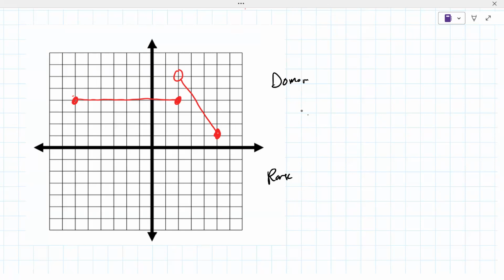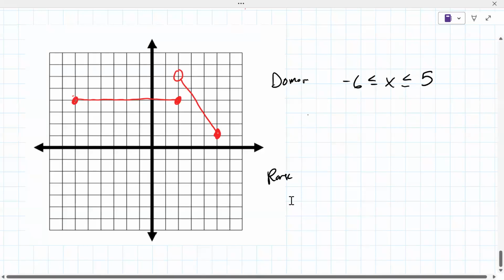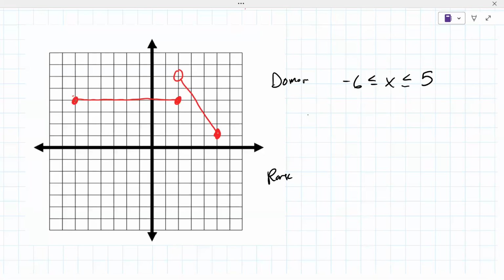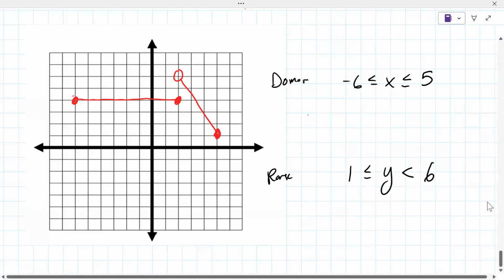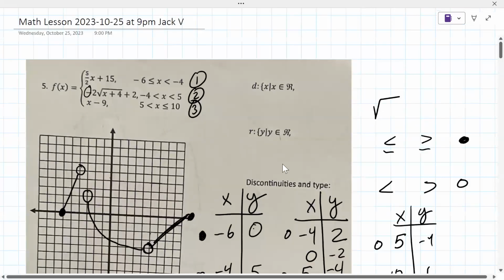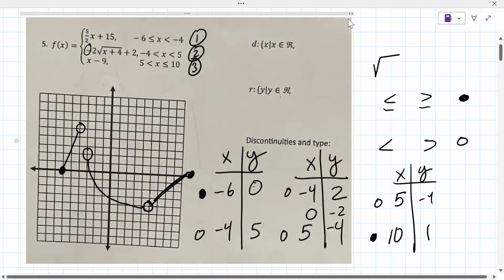Okay, -6 is less than or equal to x, which is less than or equal to 5. Okay. About the range. 1 is less than or equal to y, which is less than 6. Good. Really good.